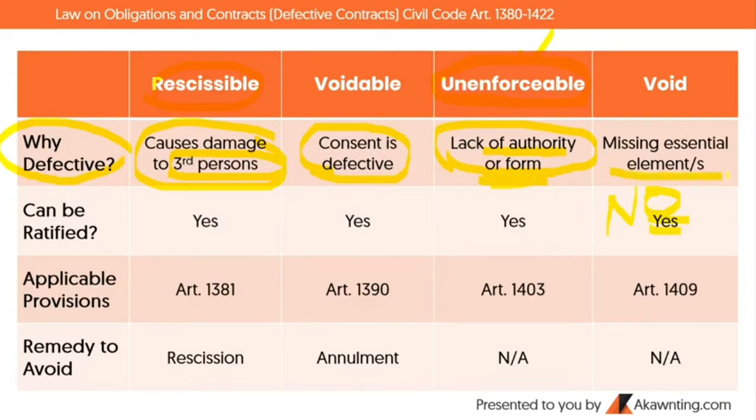Okay, so void naman, usually, there is a missing essential element, okay? Bakit siya nagiging defective? Merong missing essential element. So, it hinders it from being a perfected contract actually. Okay, so ang void contract ay hindi po valid contract, for the very reason na hindi siya na perfect kasi merong missing essential elements, okay? So, dyan nag-fall yung mga illegal yung object or illegal yung cause, yung mga hindi talaga nagkaroon ng consent.